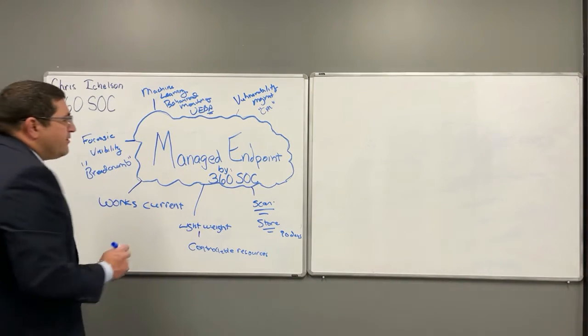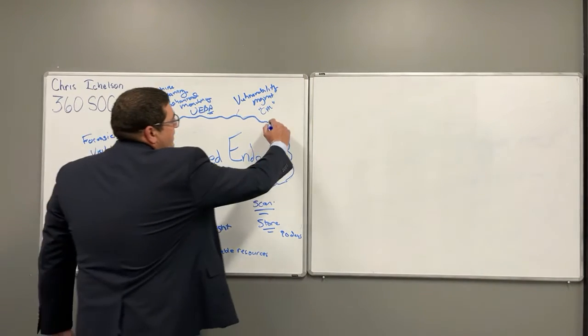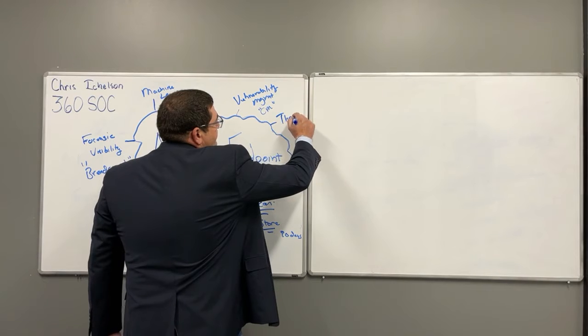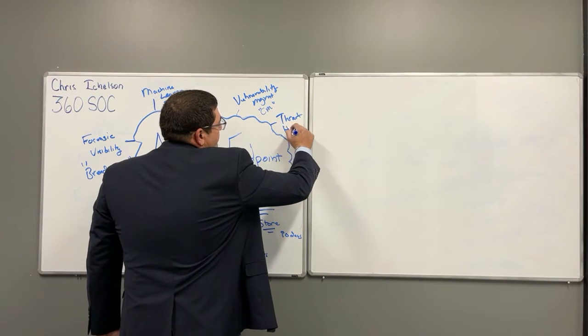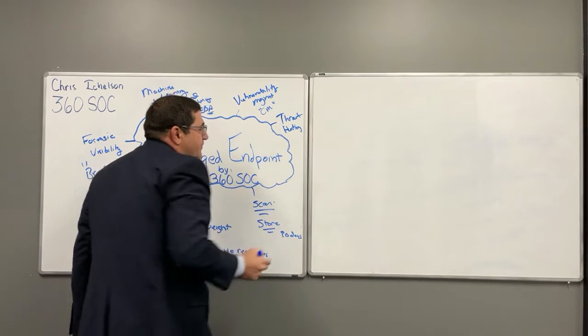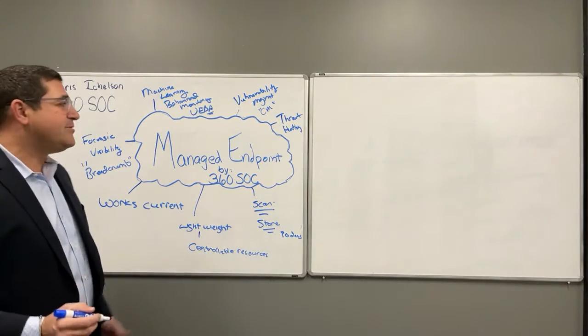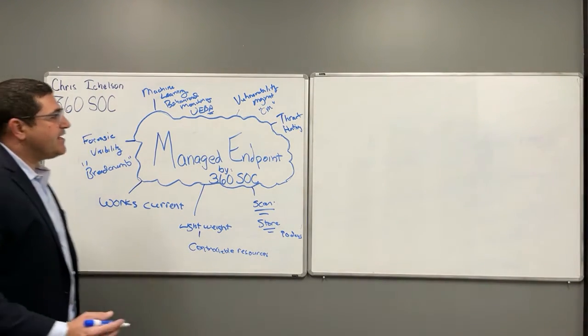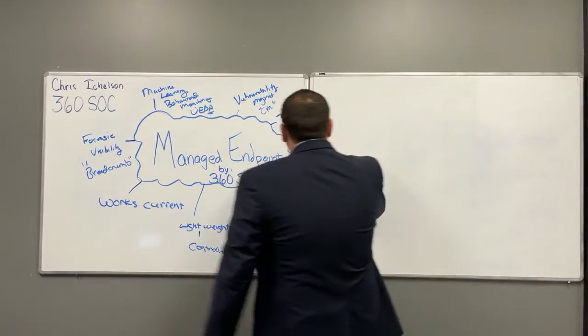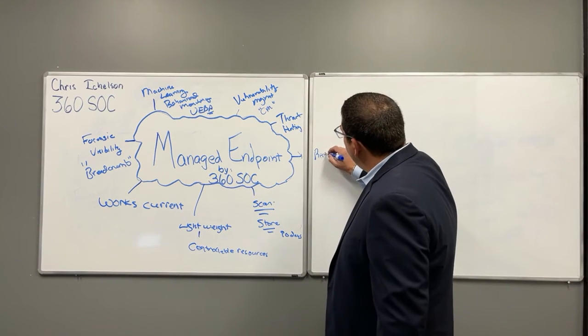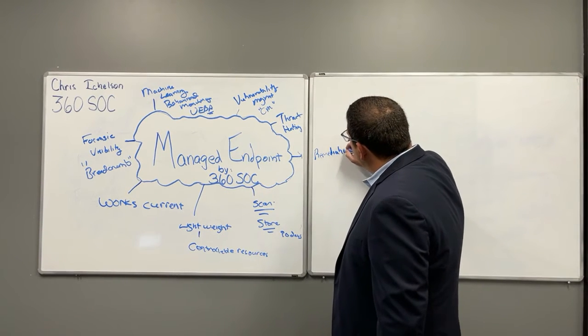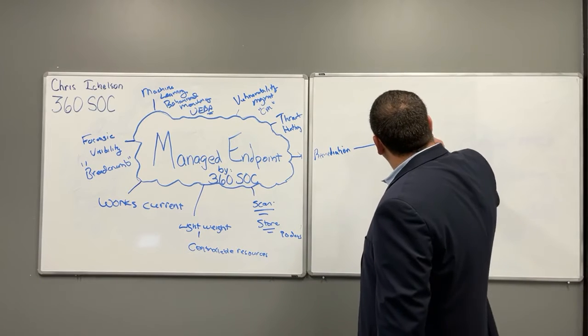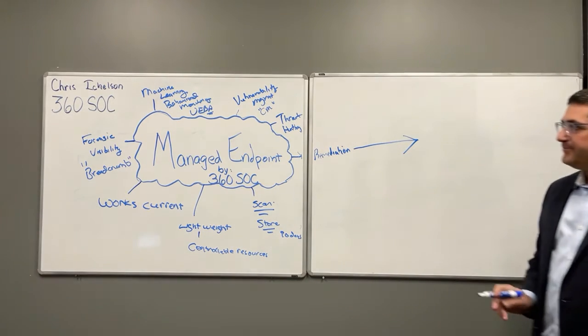Other things that we're doing with the managed endpoint is threat hunting, so looking for 0 days, looking for anomalous activity, things that are weird. Other things are remediation. That becomes ever more important, and that branches me into how do we remediate.